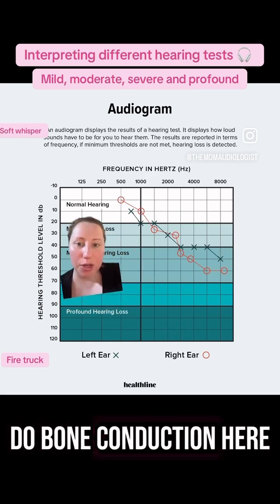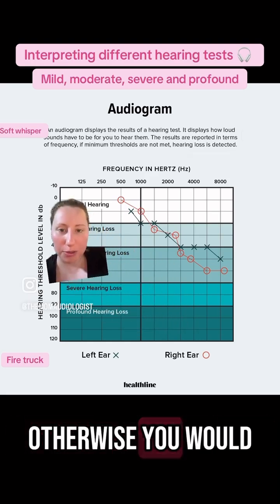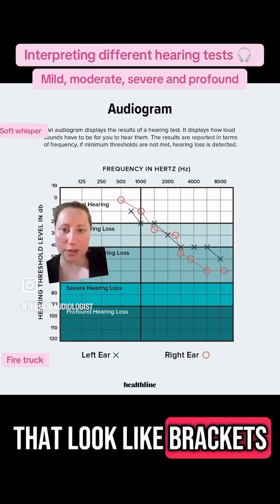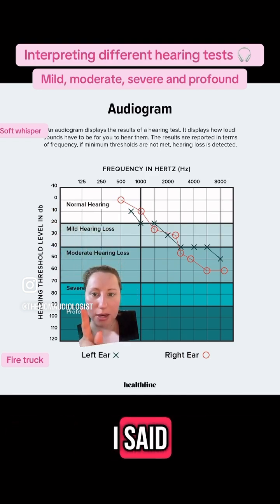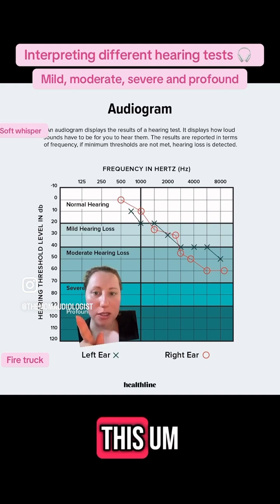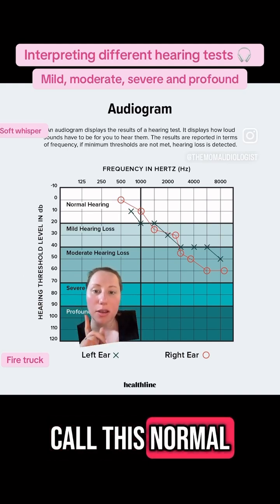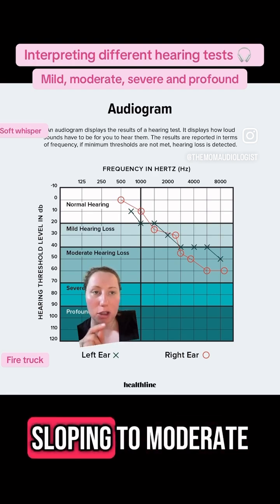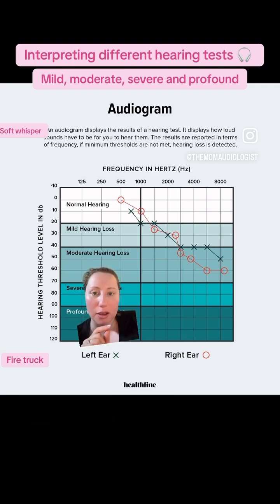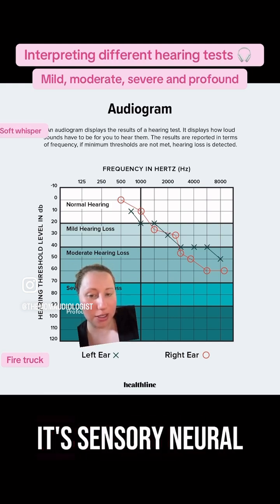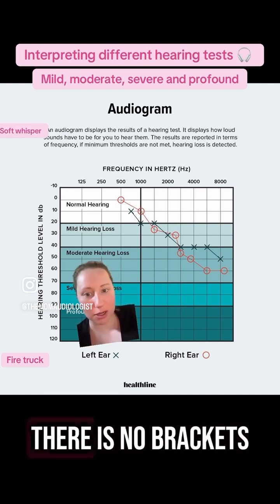They did not do bone conduction here, otherwise you would see those symbols that look like brackets. I would call this normal sloping to mild, sloping to moderate bilateral hearing loss. I can't say if it's sensory neural or conductive because there are no brackets.